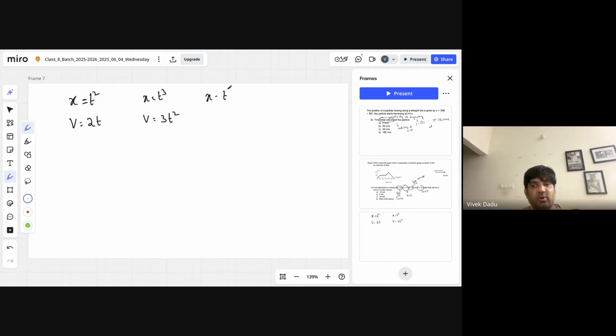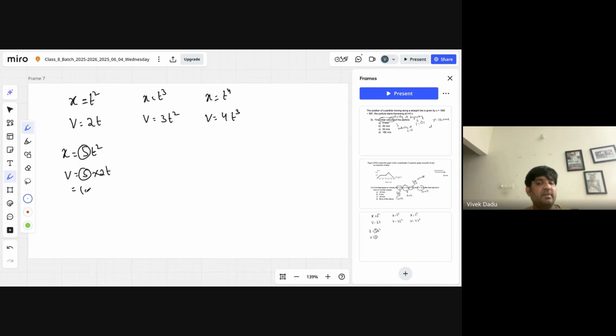Let's say if I say x equal to t power 4, you have not calculated, but by the same logic, it will come 4t cube, which is true. Same way, if you have, let's say, x equal to 5t square, then this 5 remains as it is, but t square becomes 2t.